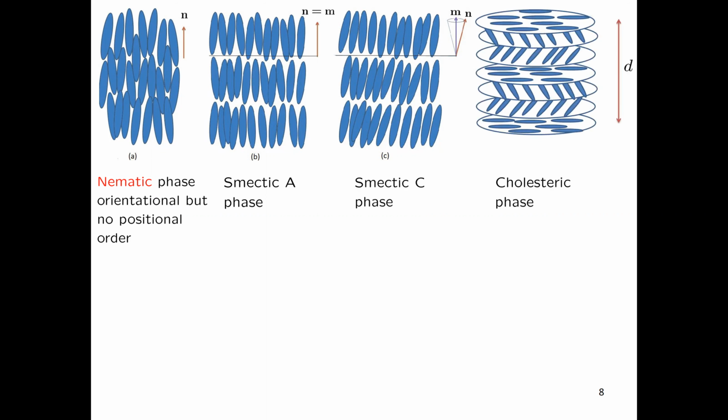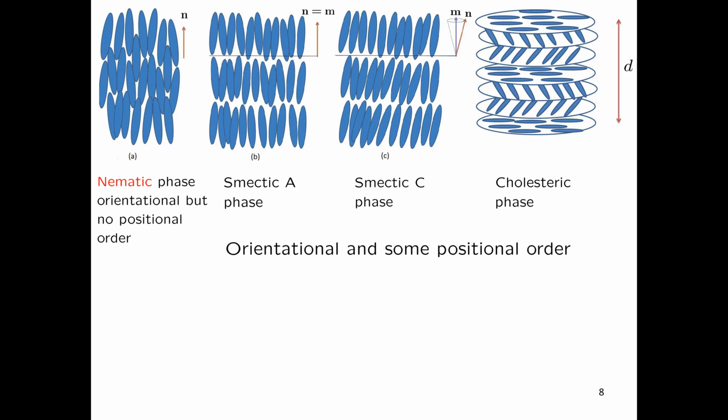Here's another phase, the cholesteric phase. And in this one, the molecules want to be sort of pointing to the right on some plane here, and then as you move up, they gradually turn until they've gone through an angle pi, and then eventually an angle 2 pi, so they're back where they are, and there's a characteristic distance, the distance it takes to go through 2 pi.